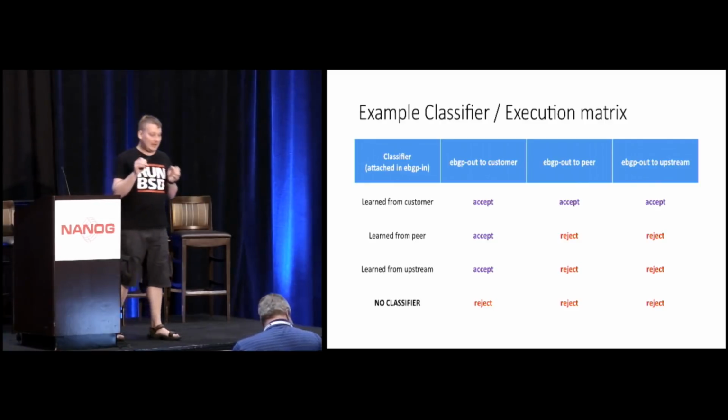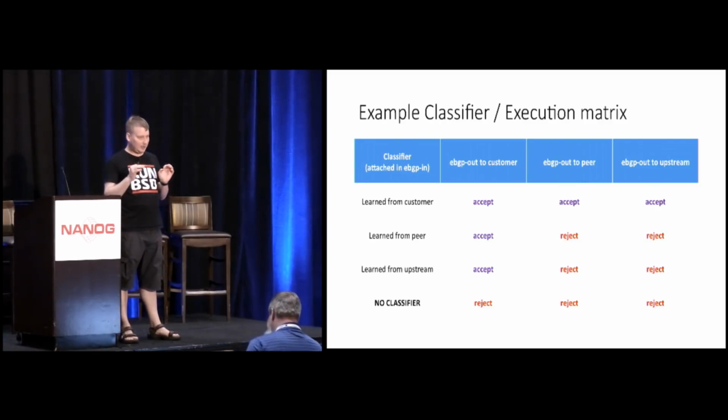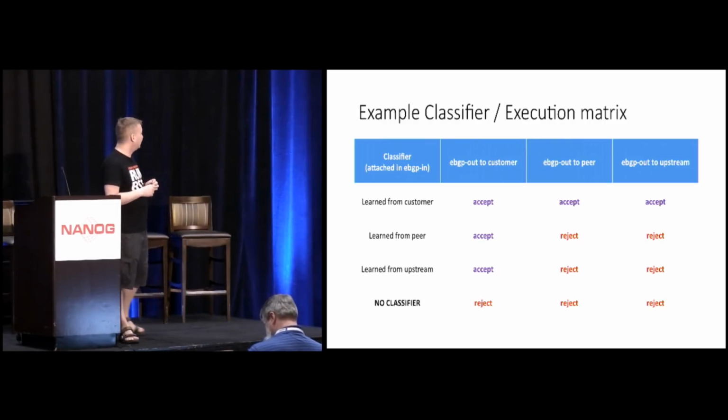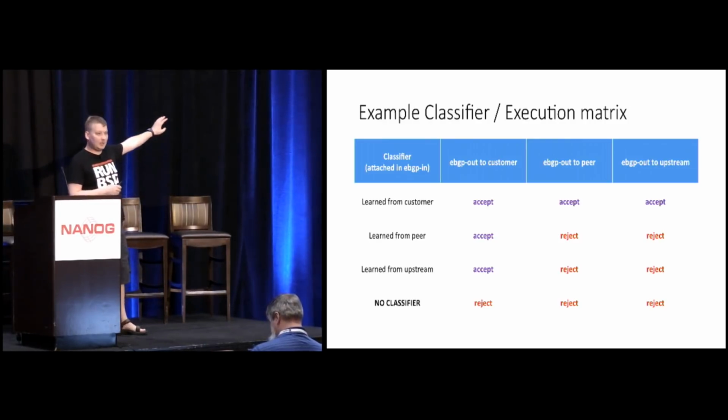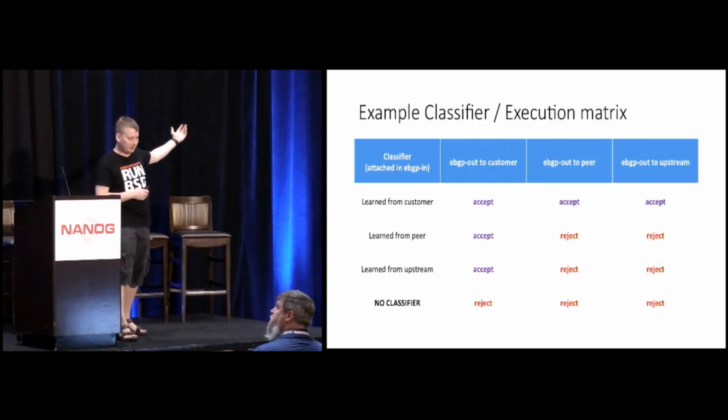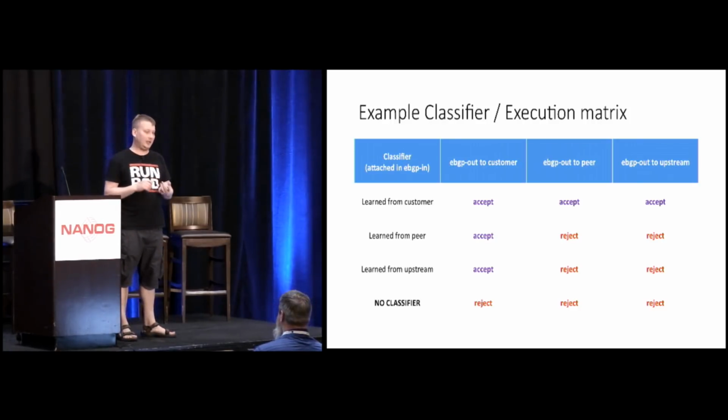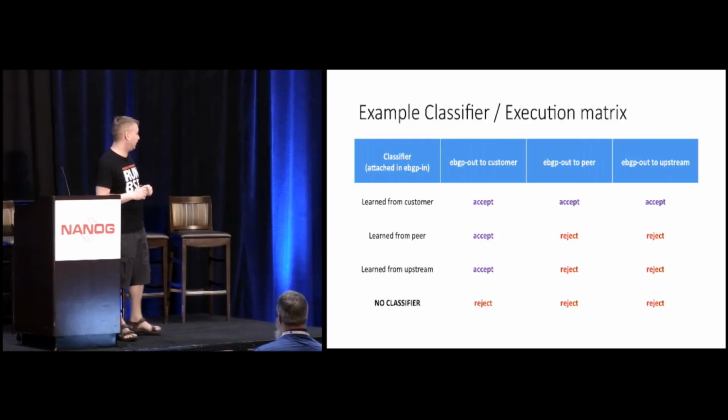Let's look at a classifier execution matrix purely from a pass perspective, whether or not the route will pass. I built a very simple table. This is a service provider that has a customer, a peer, and an upstream. So this means that there is inbound from customers, inbound from peers, inbound from upstreams, and vice versa, the outbound variants.